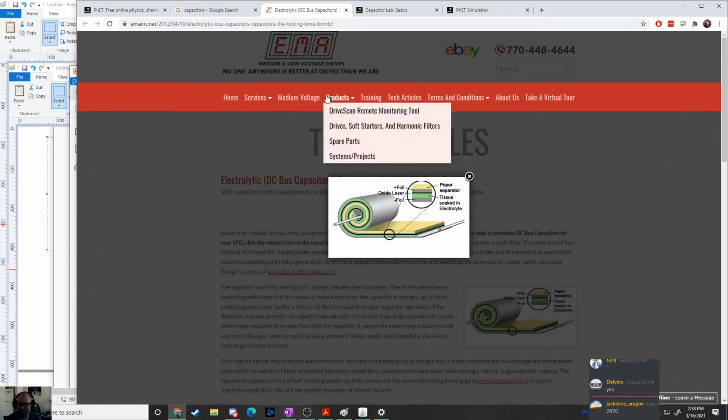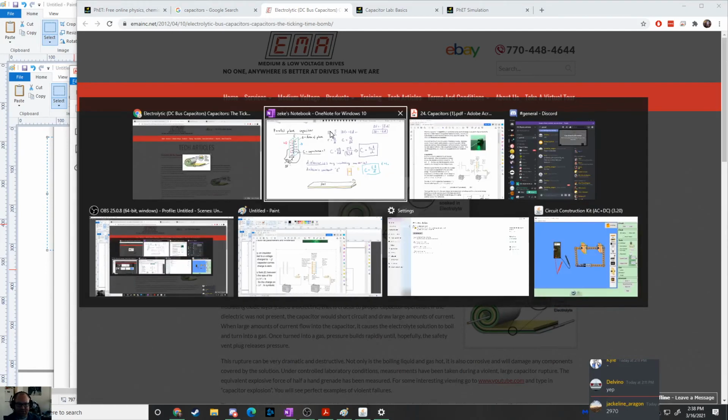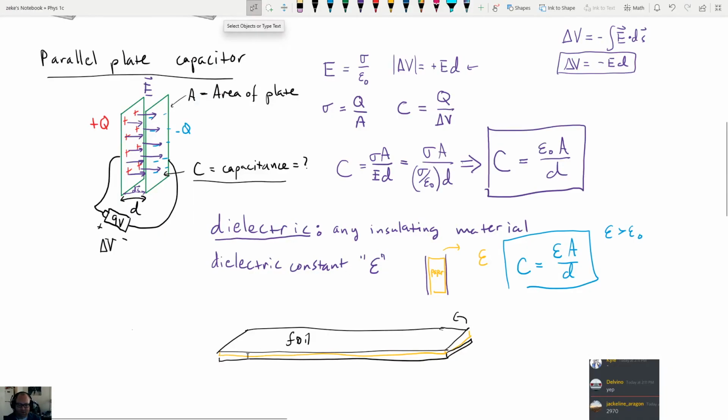So again, let's go back to our definitions here. Where's OneNote? That one. So sometimes what they do is they'll basically put two pieces of metal together with some kind of very, very thin separator, and then when they pass electricity through it, it'll cause oxidation.